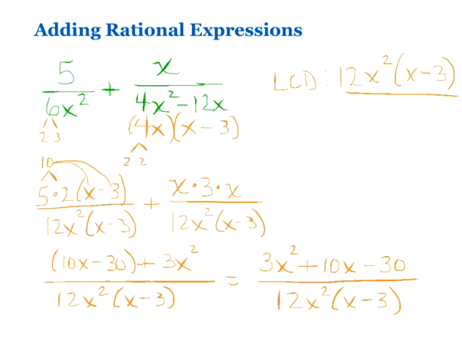The only way it can be simplified is if we can cancel common factors, which means the only way we can cancel common factors is if this can be factored. So if you take a look at this 3x squared plus 10x minus 30, and you try to take the 3 times the negative 30 using the Xbox method that we've done in the past, you're going to find out that there's nothing that multiplies to negative 90 and adds to 10.